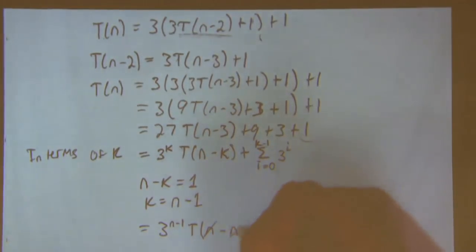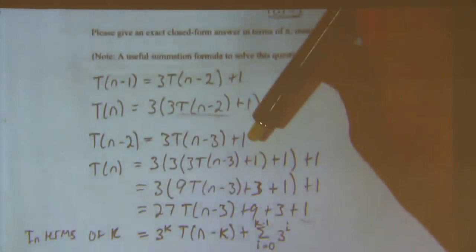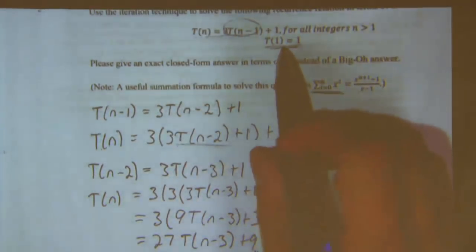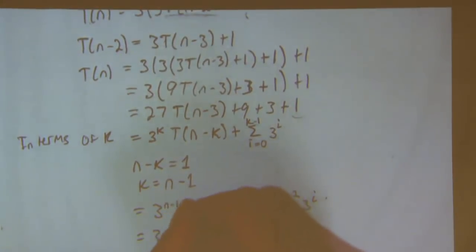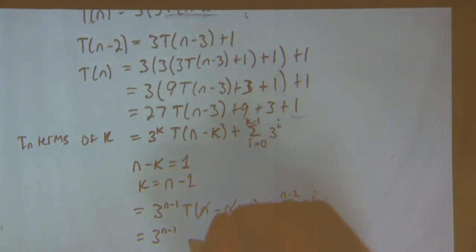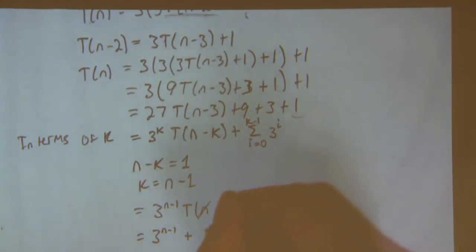And so these n's cancel and we end up with T of 1 here, which given our base case is just equal to 1. And so we end up with 3 to the n minus 1, and then this becomes 1, so we can just ignore it, plus the sum from i equals 0 to n minus 2 of 3 to the i.